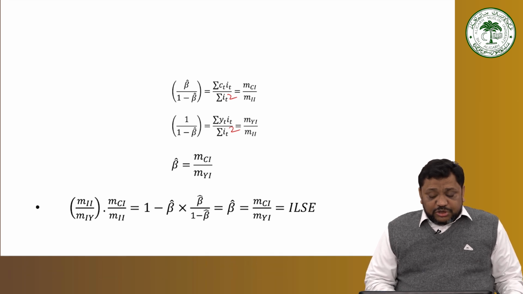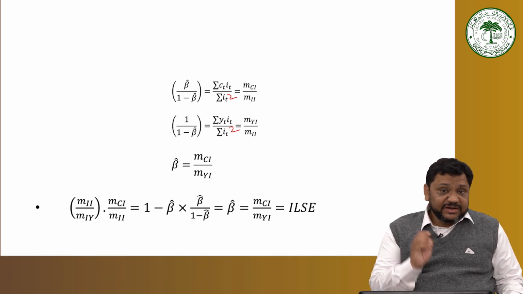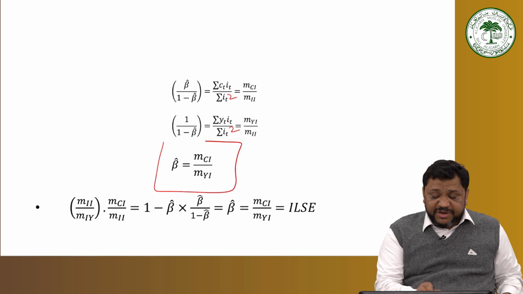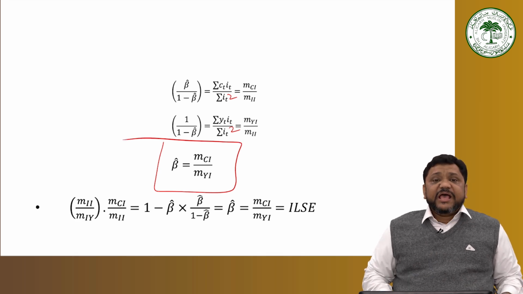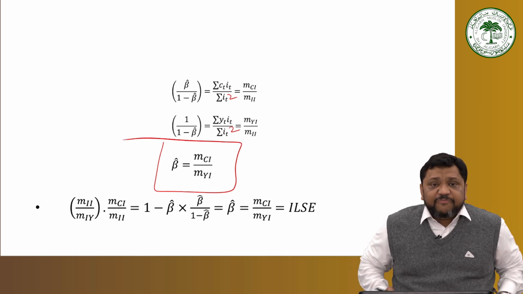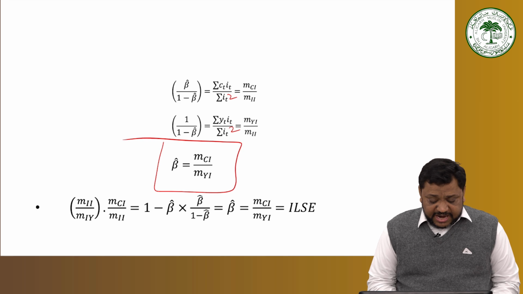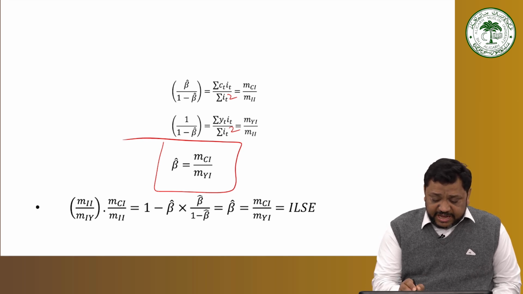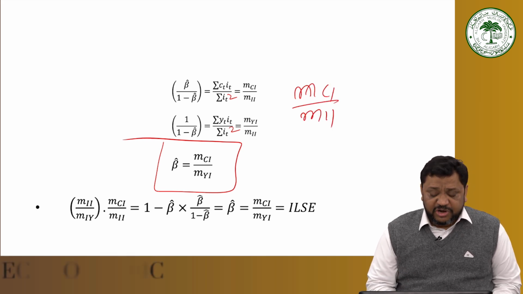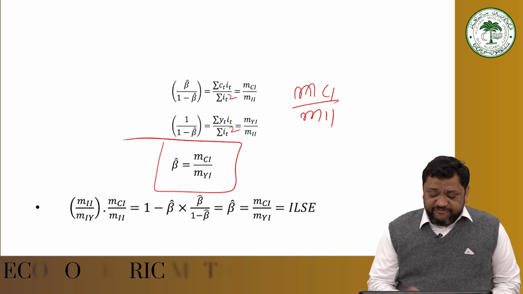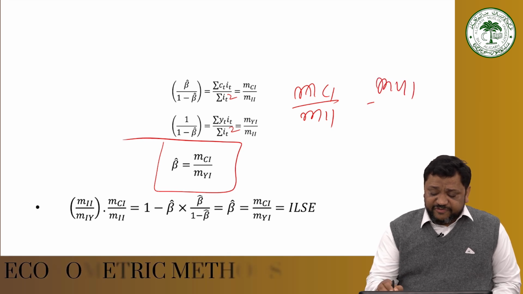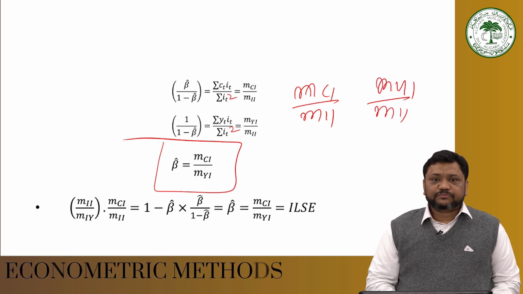And we have seen earlier what beta hat is. Beta hat, you can write it as Mci divided by Myi. We can write the beta hat like this. And here we have Mci and Mii, and from 1 upon 1 minus beta we have formed Myi divided by Mii.